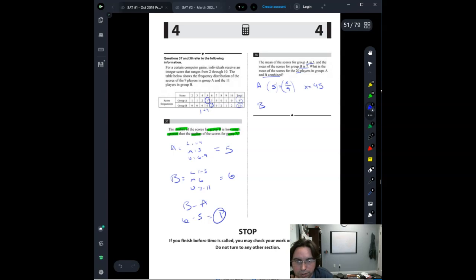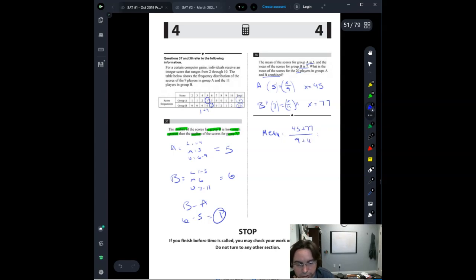And for B, the average is 7. Again, that's X over 11 values, multiplied by 11, and so the X value there is 77. To solve for it, we've got to find the mean. It's equivalent to 45 plus 77 divided by the 9 and 11.